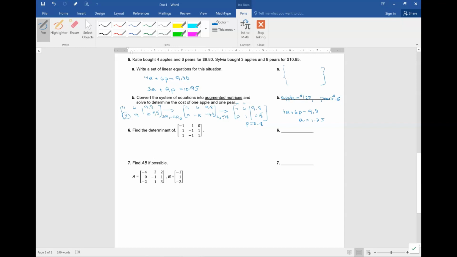Okay, here we go. Determinant. We're going to copy down the first two columns. All right, and then this diagonal, that diagonal. And the first diagonal, the product is a 1.